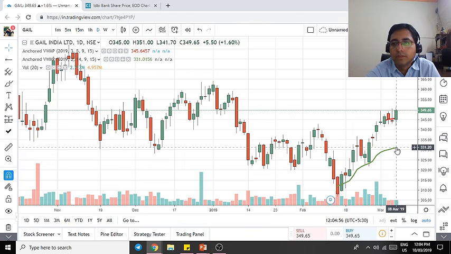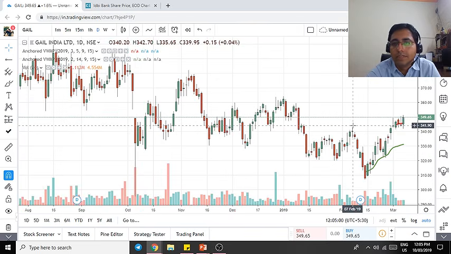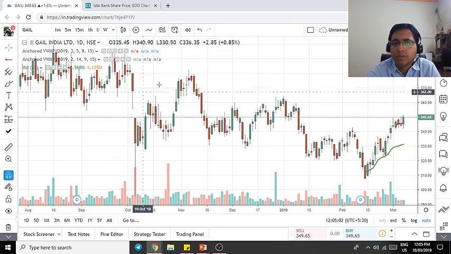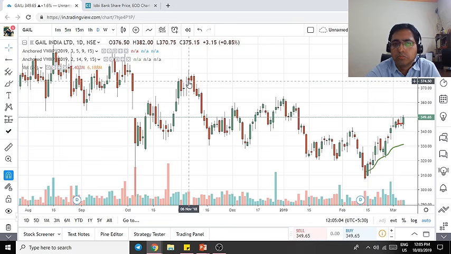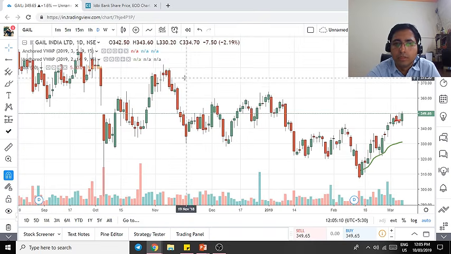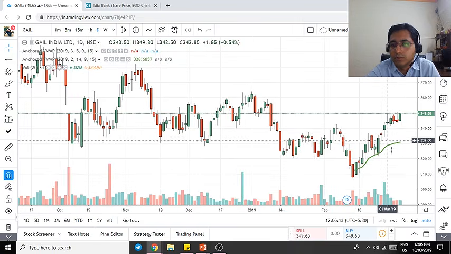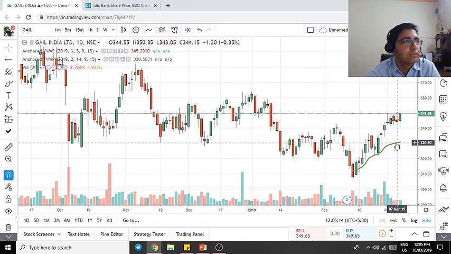So 331 is the buyer average, and it should be maintained. For the seller, we can skip that part because it is very far. It can be taken from this level, 6th of November, but he may have already lost control. Such an old seller is not active. So this 331 should act as a support.